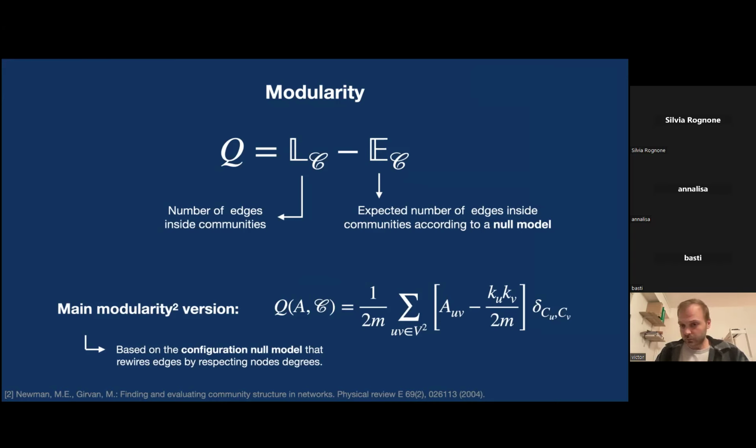You can change it to choose the null model that you prefer. You can adapt it to bipartite graphs. You can adapt it to directed graphs. You can do a lot of things from that. This is part of why we chose to generalize modularity: once you have this simple formula, you can easily adapt it to a lot of different network structures.